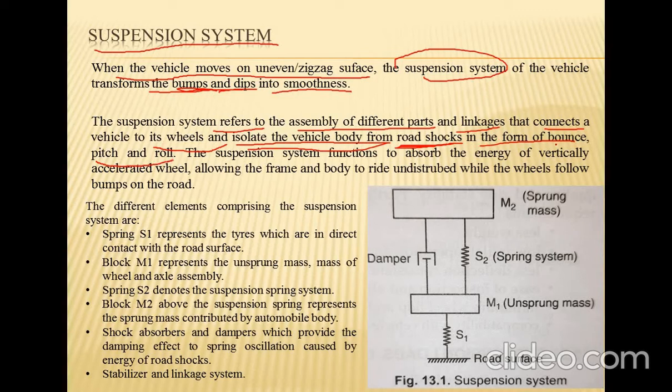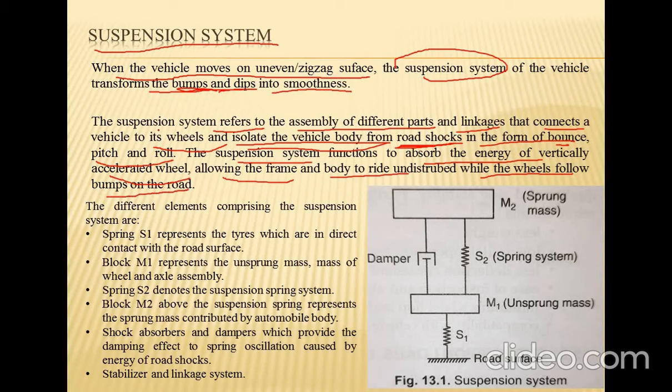We will discuss bounce, pitch and roll in coming slides. The suspension system functions to absorb the energy of the vertically accelerated vehicle, allowing the frame and body to ride undisturbed while the wheels follow bumps on the road.